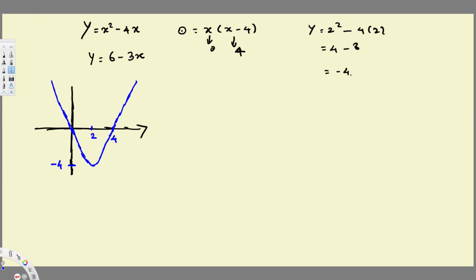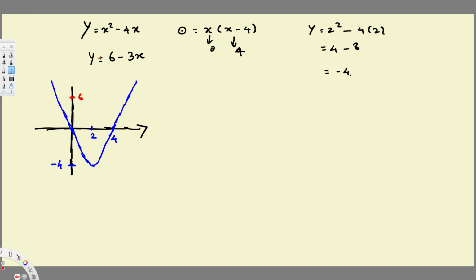So let's see how our line is going to look. It's a negative 3x, so it's going to go in this direction, and this is starting from 6. So let's say this is 6. So this is going to start somewhere here. But we have to know where it's crossing the x-axis.